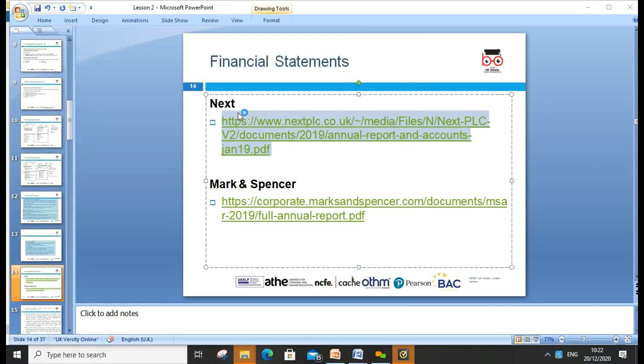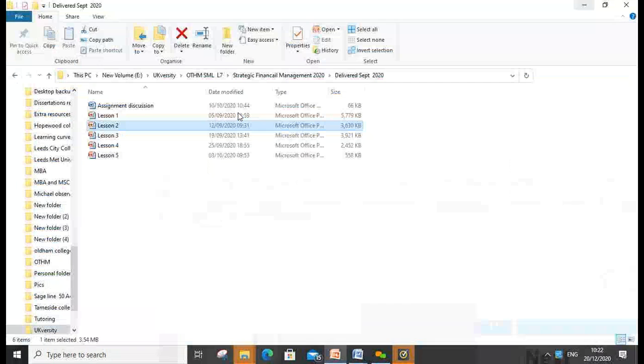Even they have food stores and sell furniture, and it was set up in 1800, so that is quite old. So we can look at the financial performance of these two companies.